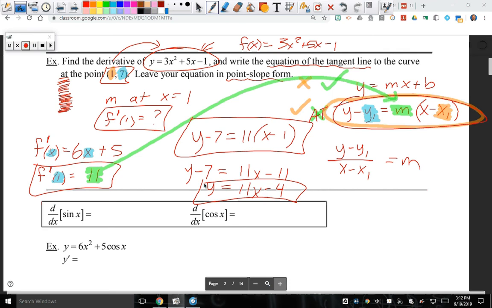Either one's fine. Wait, how'd you get that again? I just distributed the 11. No, from point slope. How did you get from f prime of 1 to using the point slope form? Oh, so I found 11 as my slope, and I plugged it in here for m. Oh, and then use the points. Yep.